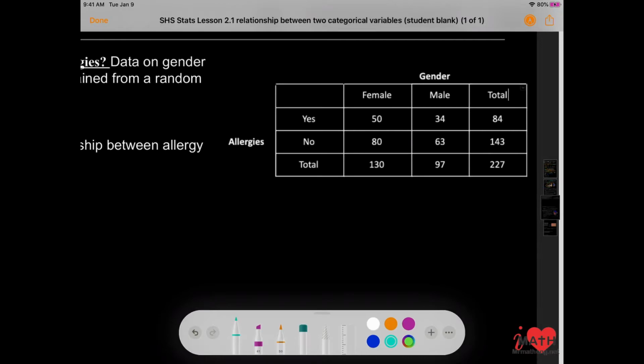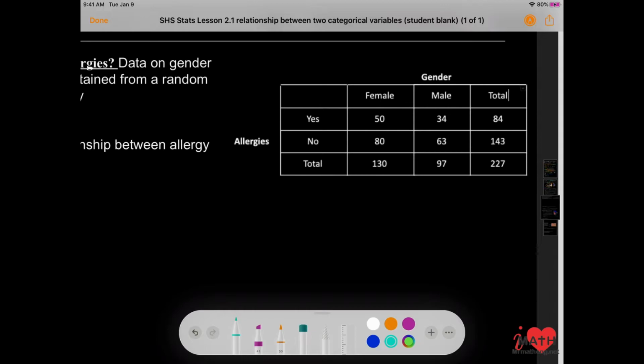This is one category: do you have allergies? Yes or no? What's our second category? Well, our second category is gender. What are your answers for gender? You're either male or female.